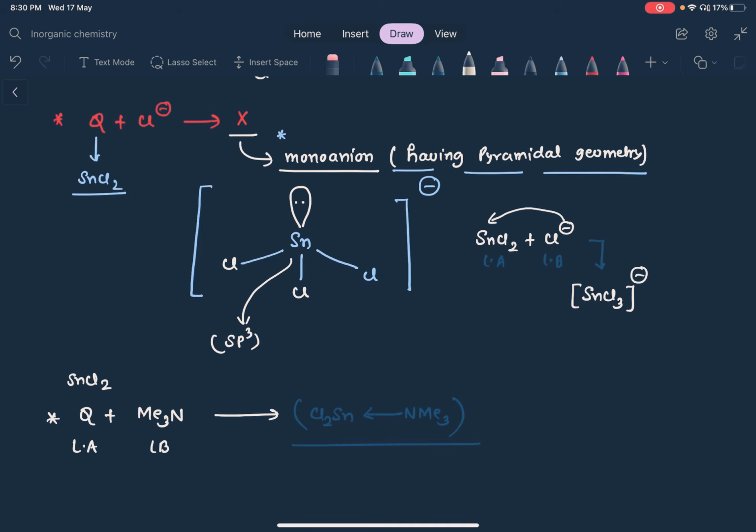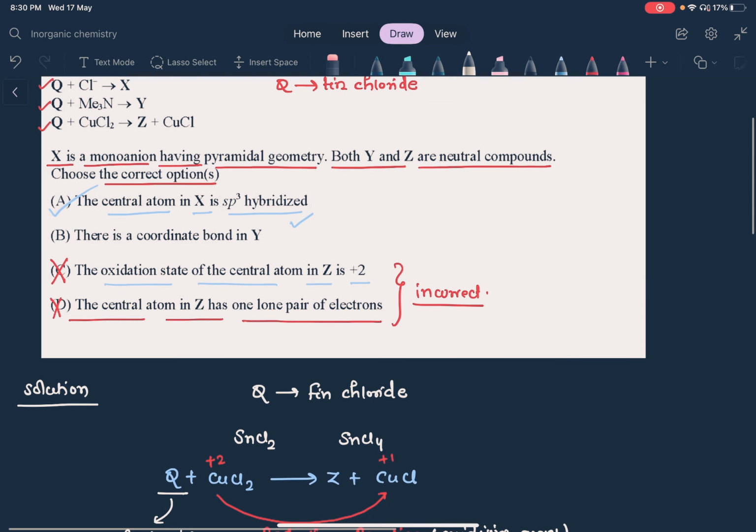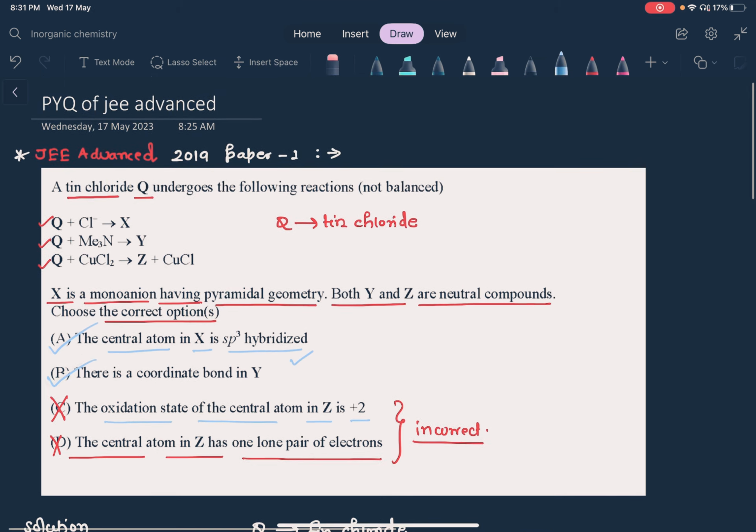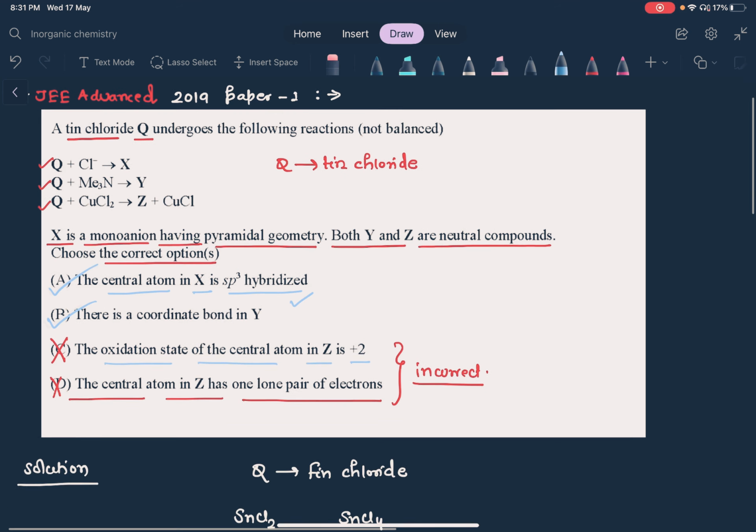Since there is a coordinate covalent bond in this one, option B will also be correct. So the correct options for this question are A and B; C and D are incorrect in nature. Okay, thank you.